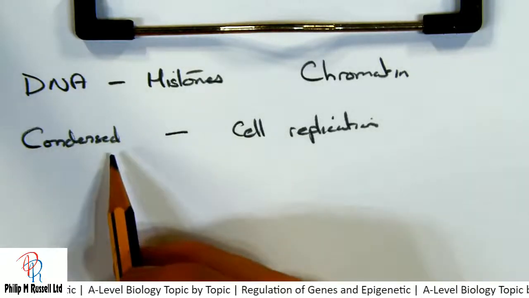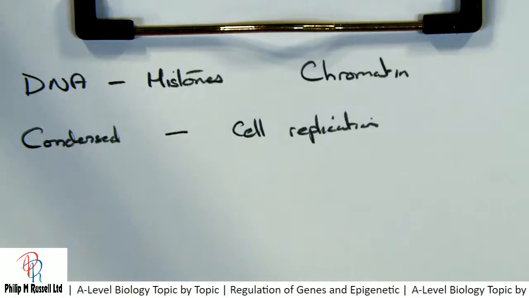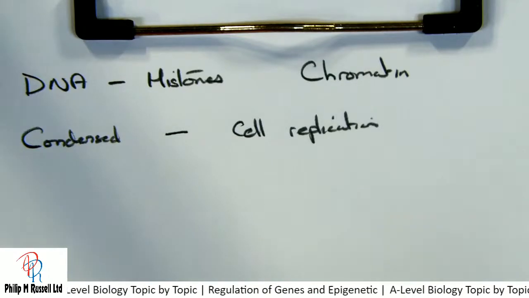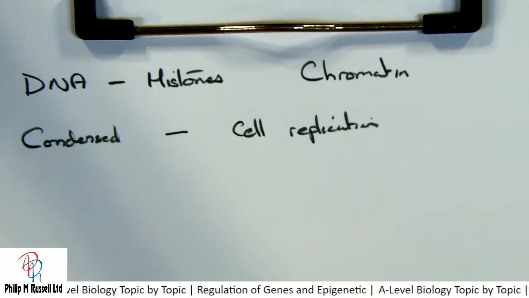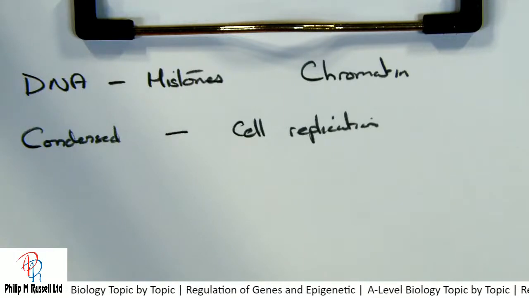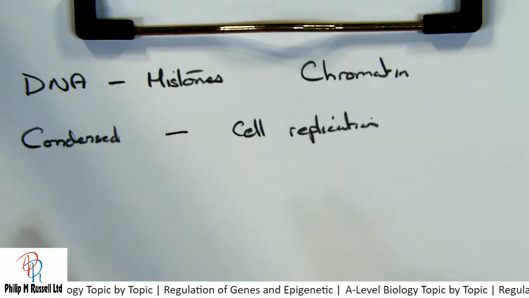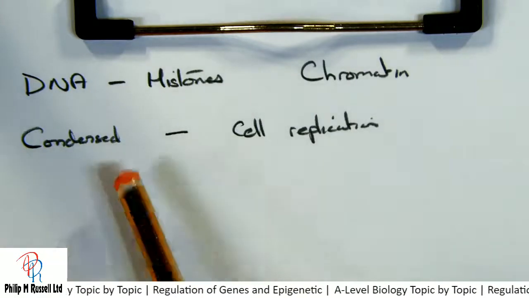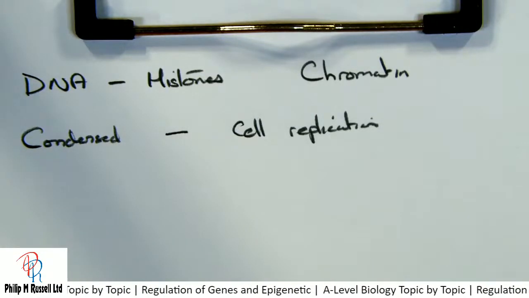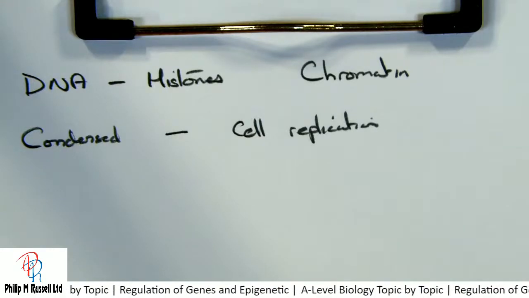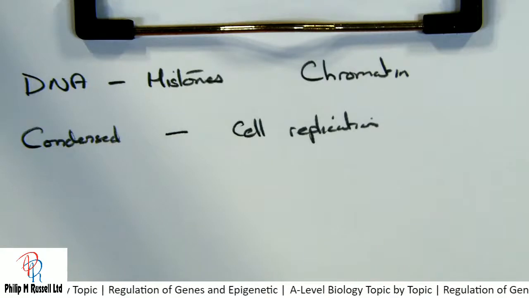But the DNA can't be read when you can basically see these genes in the form of the chromosomes, when you can see the chromosomes. Right, so this condensation is produced by decreasing the acetylation of the histones or by the methylation of DNA.